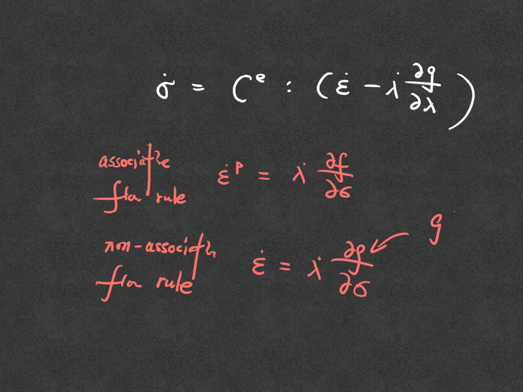So G is a function of the stress, but G in general is not equal to F unless it is an associative flow rule, as you can see here. So what benefit do we get? I can manipulate what kind of plastic deformation I will get, even though my yield surface could tell me otherwise, right? Does that make sense?